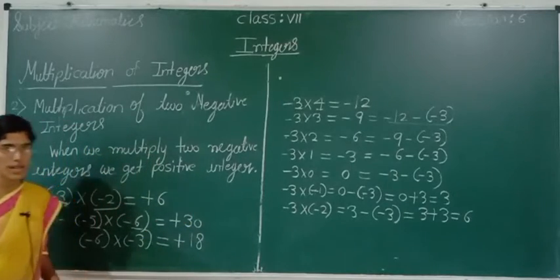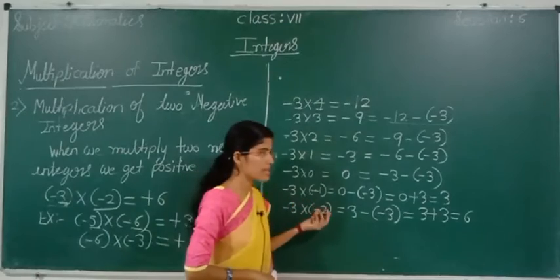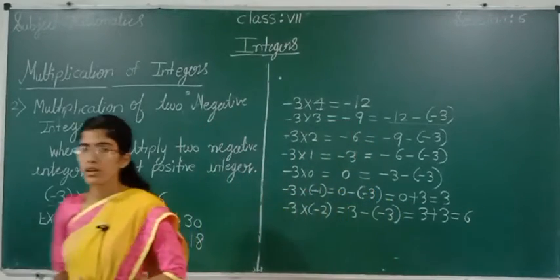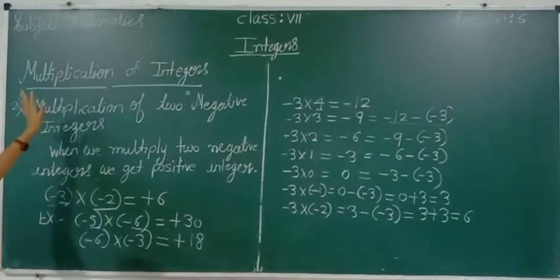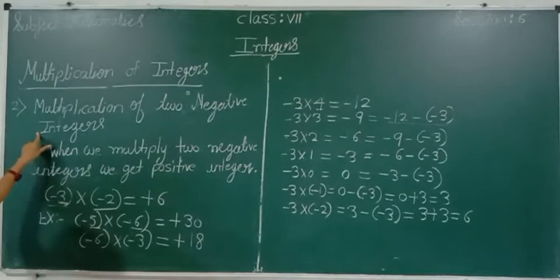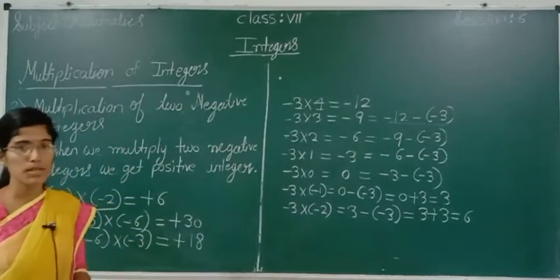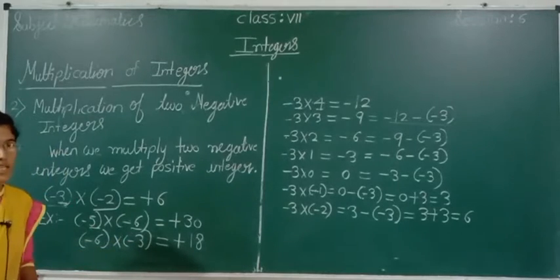We come to know that when two negative integers are multiplied, we will get a positive integer. The first was multiplication of a positive integer and a negative integer. Here, multiplication of two negative integers gives a positive integer.